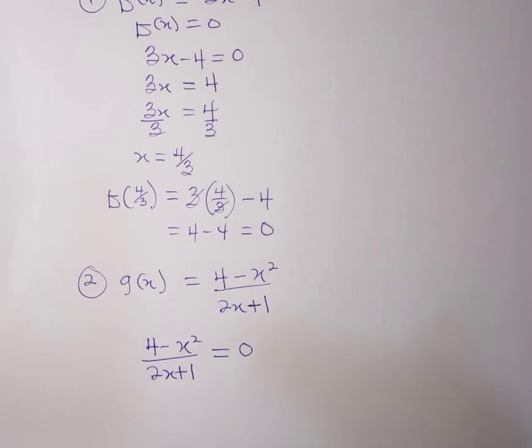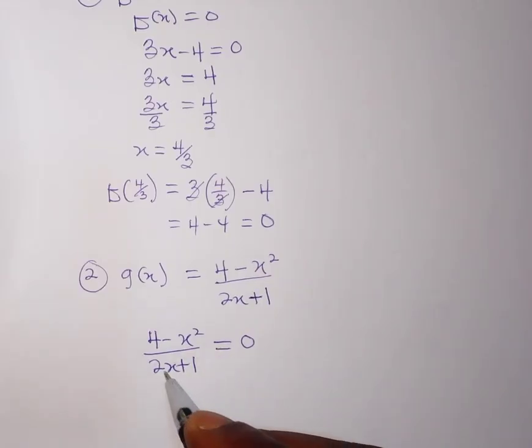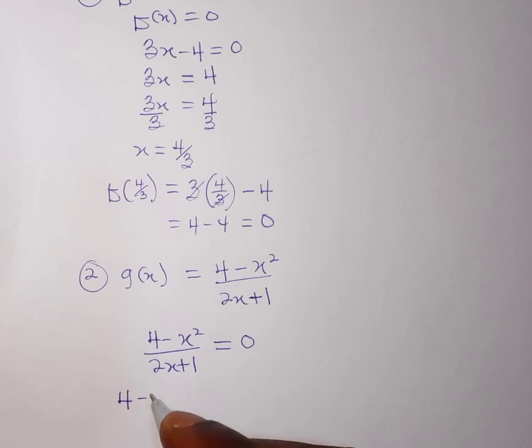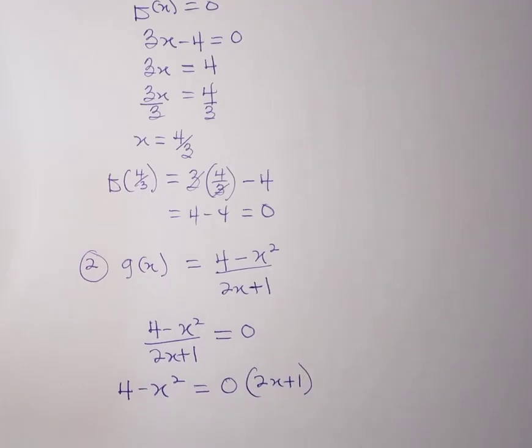So when I multiply that, the denominator will cancel. I will have 4 minus x squared is equal to 0 multiplying 2x plus 1.